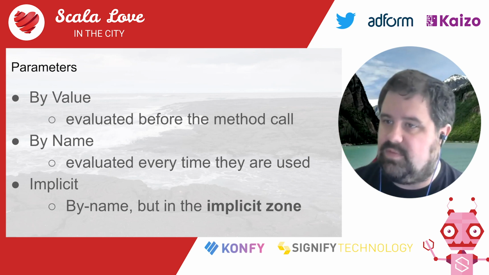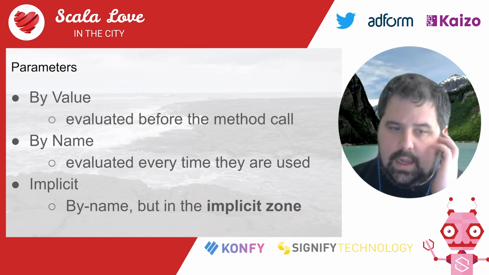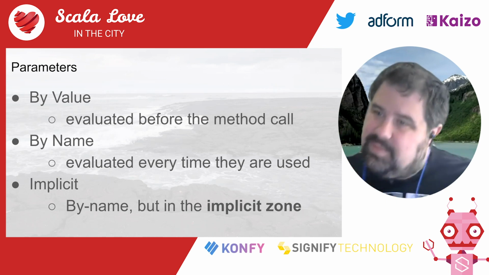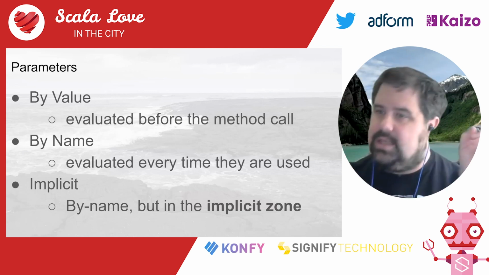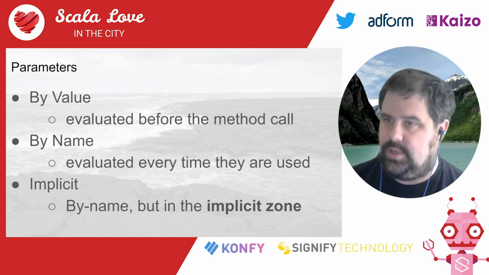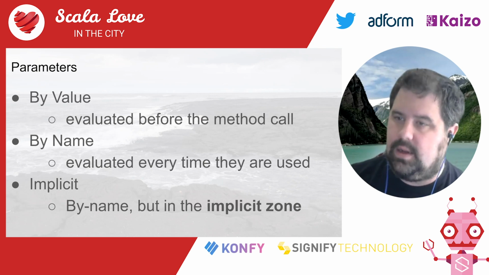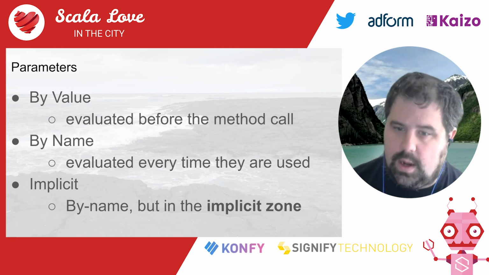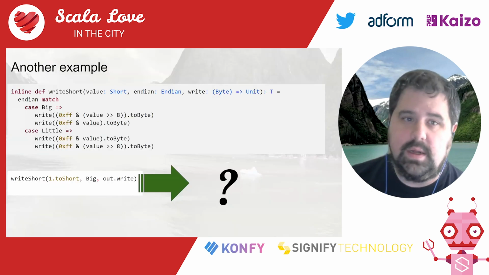And then we have inline, which has the same semantics as by-name, but you're in this inline zone, which means you have access to the whole syntax tree. It means you can do a little bit more than you can with by-name. And we'll talk about the inline zone.